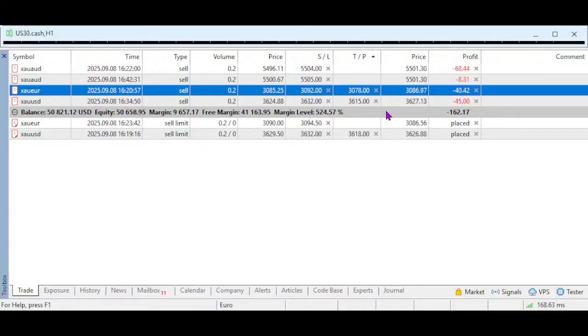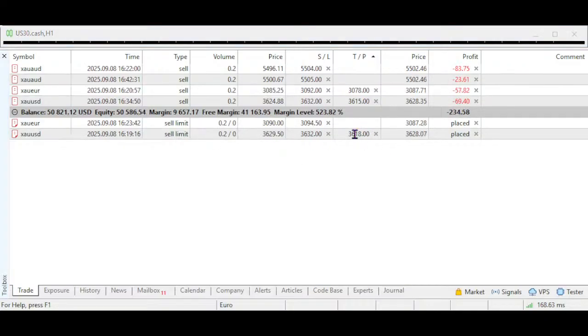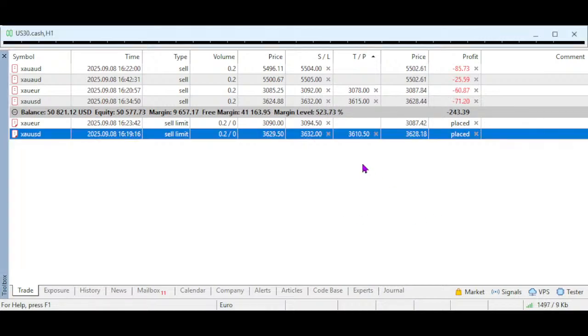If the 18 breaks, then we should see the price heading towards 15. Then we have another sell at 29 half. That one we may want to lower to the next price target, which is 10 half.